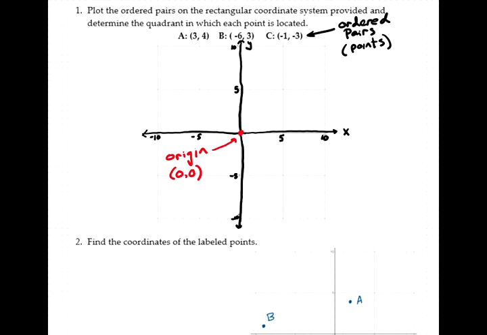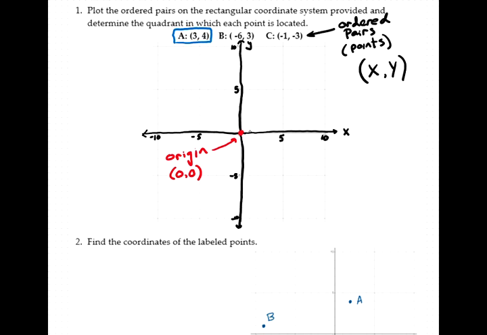All right, let's look at this first point. Let's use blue for point A. So this is the point 3, 4. Each ordered pair is given as two numbers. The first number is always the x value, and the second number is always the y value. So for point A, which is the point 3, 4, this is saying 3 on the x-axis and 4 on the y-axis.